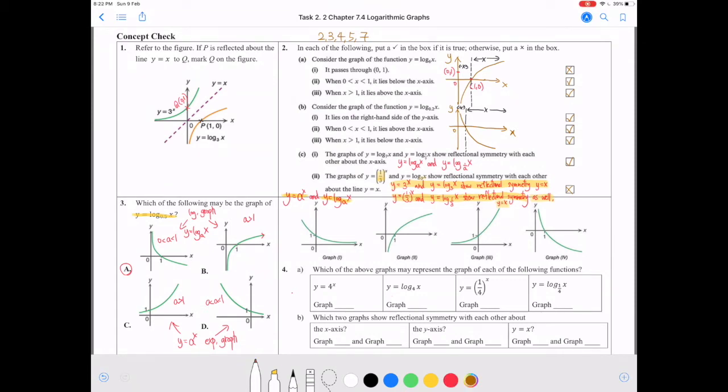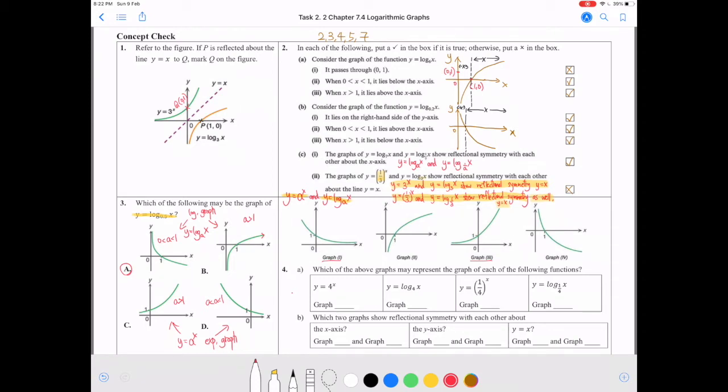Question 4. Part A. Which of the above graphs may represent the graph of each of the following functions? The first one, y equals 4 to the power of x. As I have just mentioned before, first we should know the first graph and the third graph are exponential graphs, right?